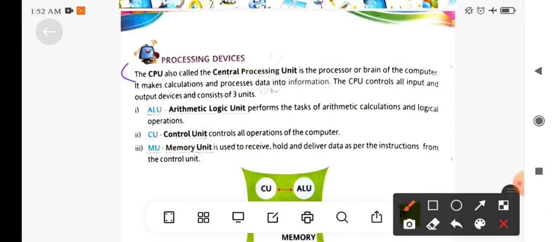The CPU is also called central processing unit, and continue writing everything you have to write down till this one, till the control unit. So firstly the paragraph you will write down, after that 3 units ALU, CU, MU along with their explanation. Okay, this is your long answer number 2, everything about CPU.